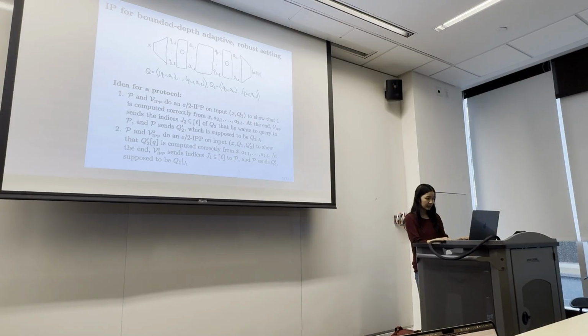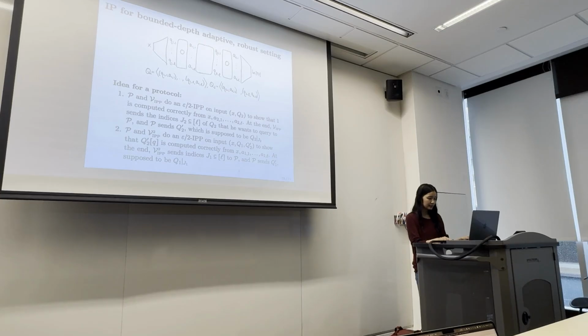So now we're going to have P and a second IPP verifier do this epsilon over 2 IPP on this input to show that the queries that this first IPP verifier wanted to make are computed correctly from X and the answers to the first layer of oracle gates.